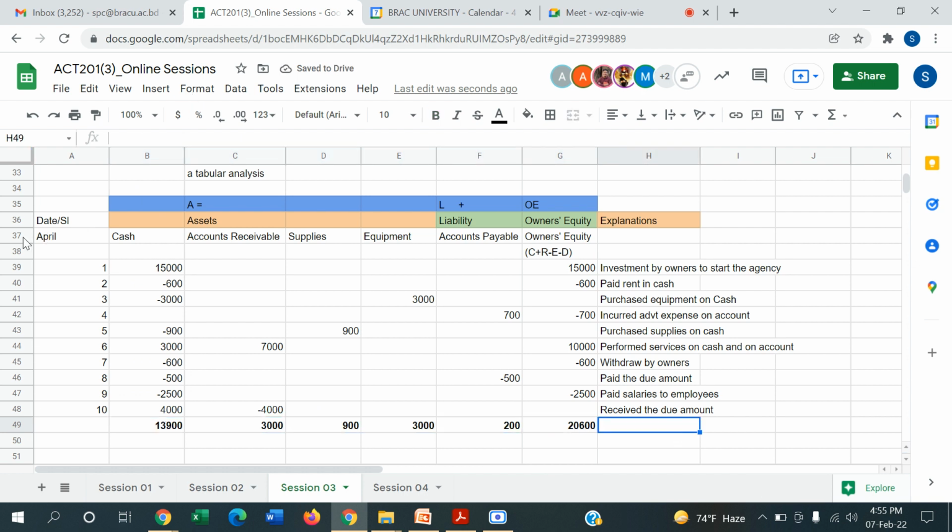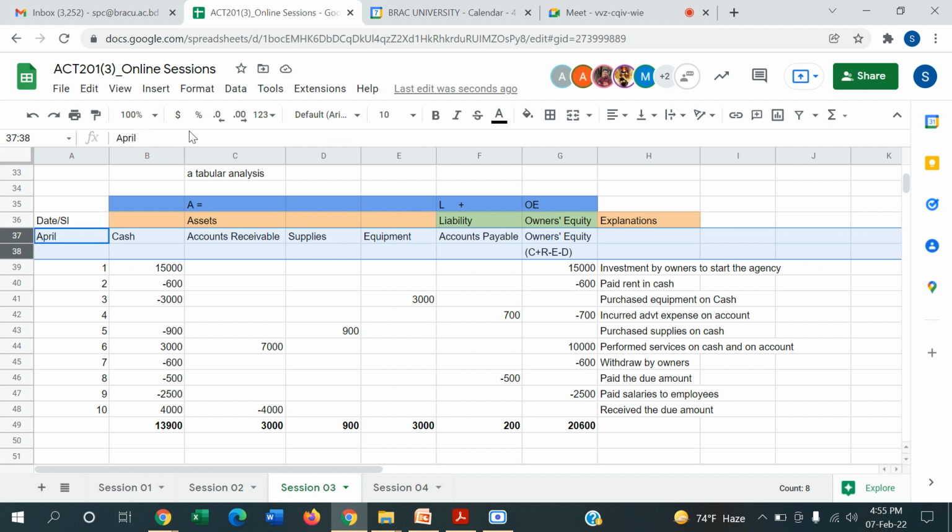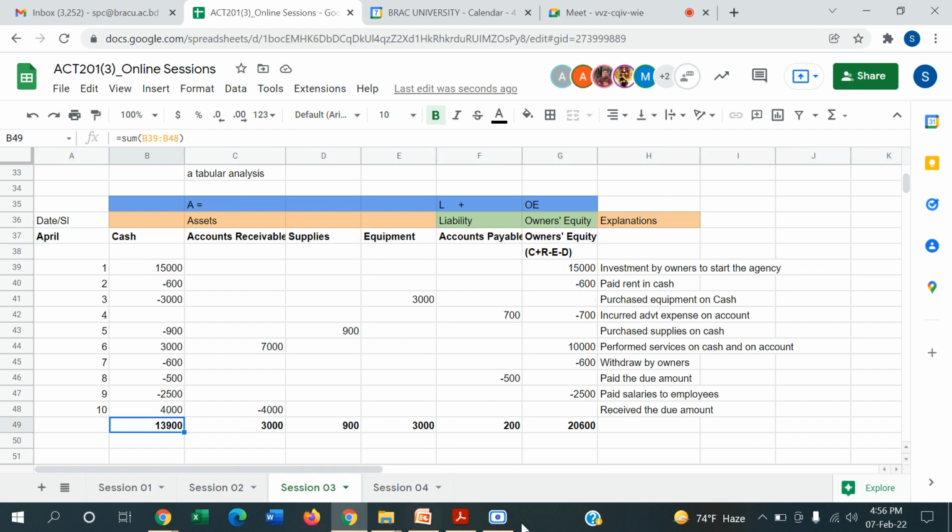Now, if anyone asks us what is the amount of cash remaining after these transactions, can you give this information to us? What does this 13,900 mean?